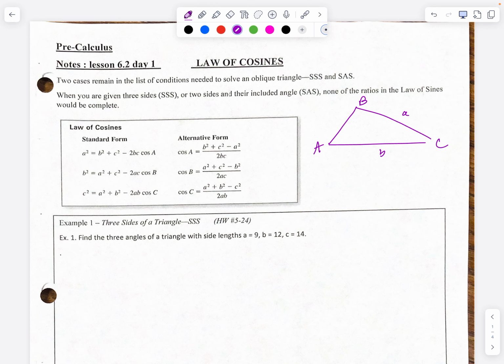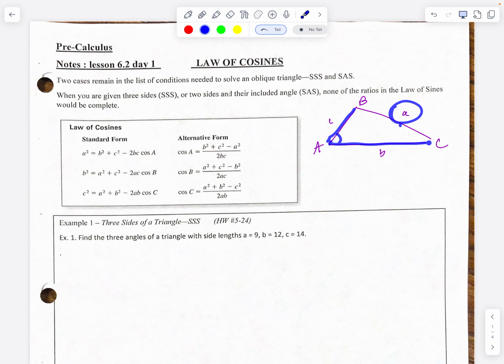And so start with either one you want. But I want to use it as a pattern. I'm going to look at the cosine of A is, well, here is the alternative form when we're trying to find the angle. The b squared and the c squared are the 2 sides that include the angle.